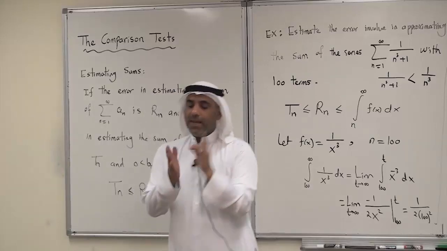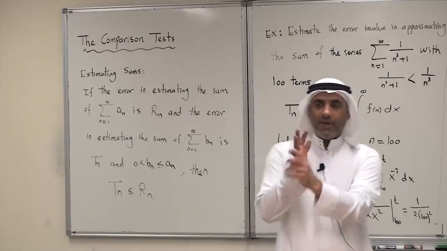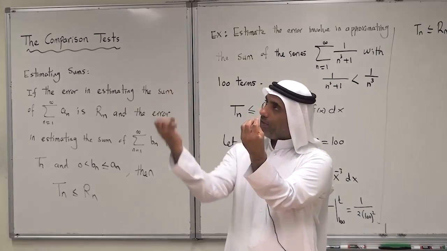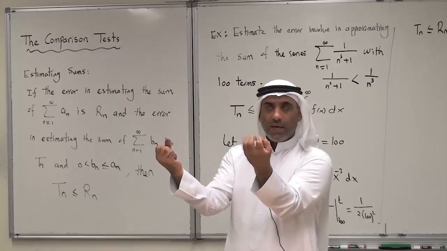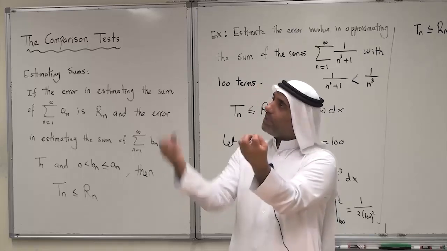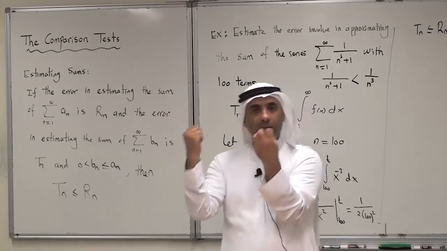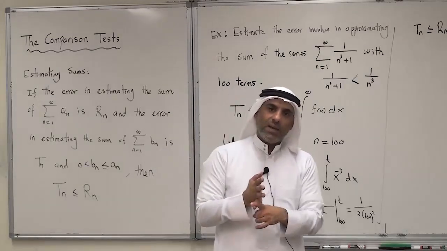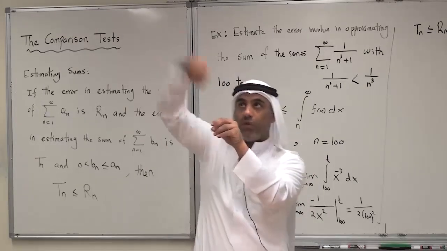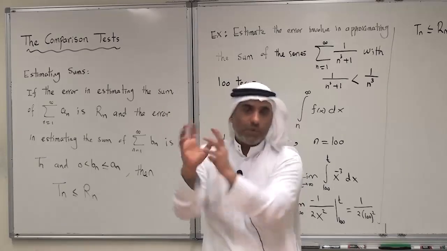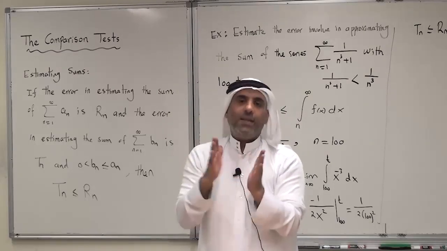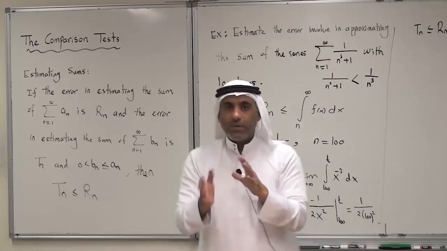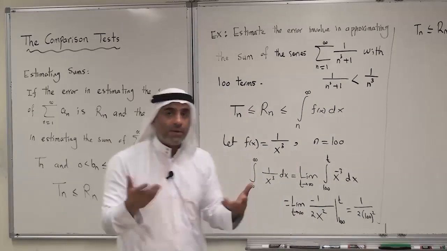I summarize. We said the comparison test says if you have an less than or equal to bn, if the larger one is convergent, then the smaller one is convergent. If the smaller one is divergent, the larger one is divergent, keeping in mind that both of them are with positive terms. The second one, if the limit of an over bn is equal to a constant which is positive and finite, then both of them are convergent or both divergent, according to the limit comparison test.